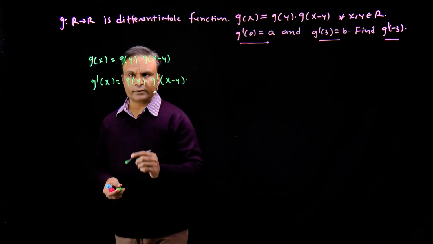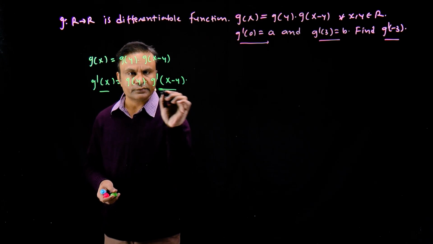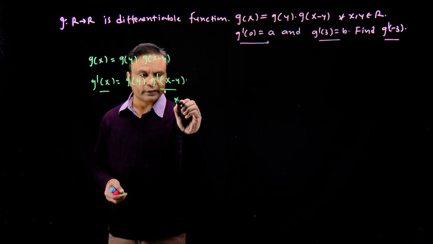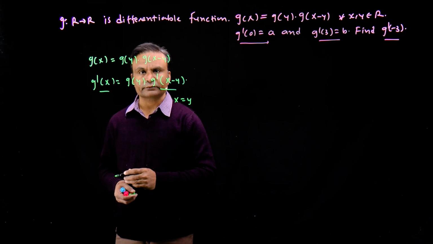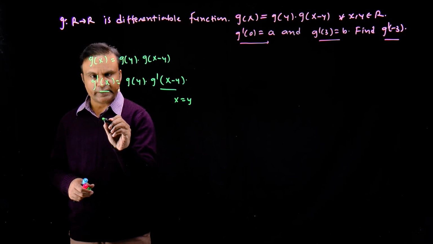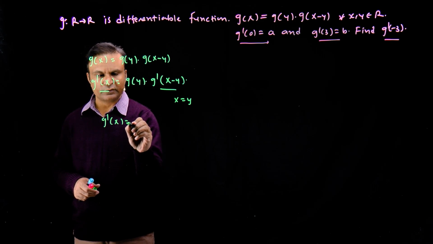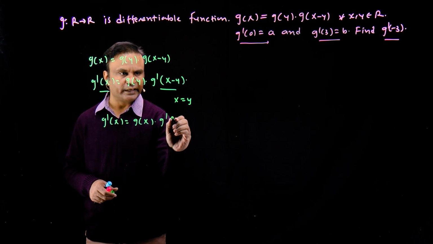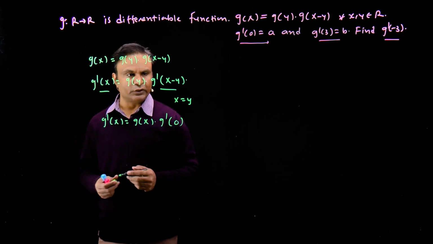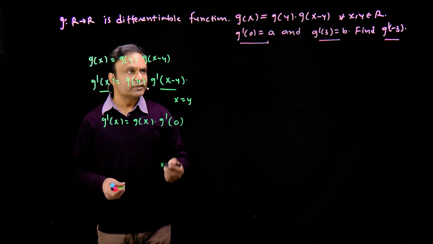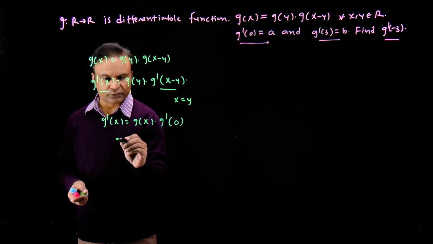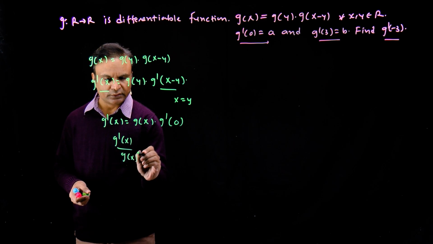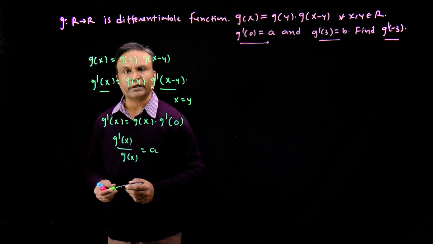Now I have some derivative terms and g of y also. So let's put x is equal to y. So I get g dash x is equal to g of x multiplied by g dash 0. The value of g dash 0 is a. So I get g dash x upon g x is equal to a.